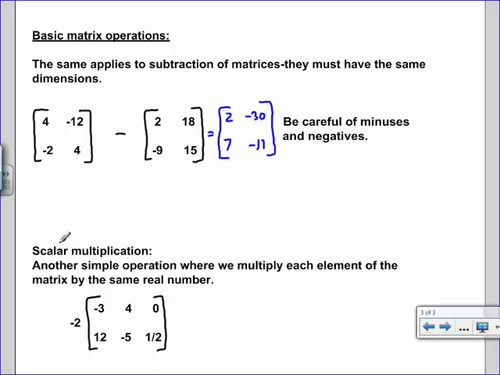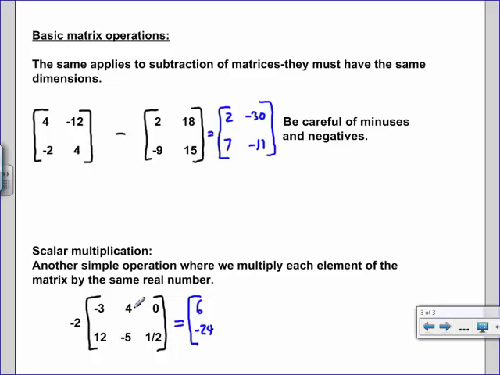Now, scalar multiplication is a simple form of multiplication. A little more complicated is when we multiply a matrix by a matrix. However, here we're just taking a number and multiplying it times each element in the matrix. To do this, negative 2 times negative 3 is 6. Negative 2 times 12, negative 24.